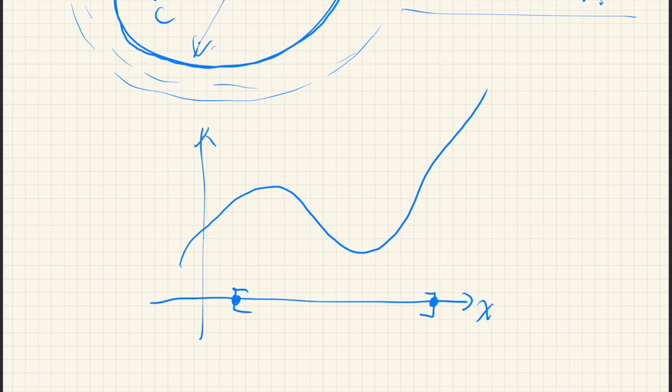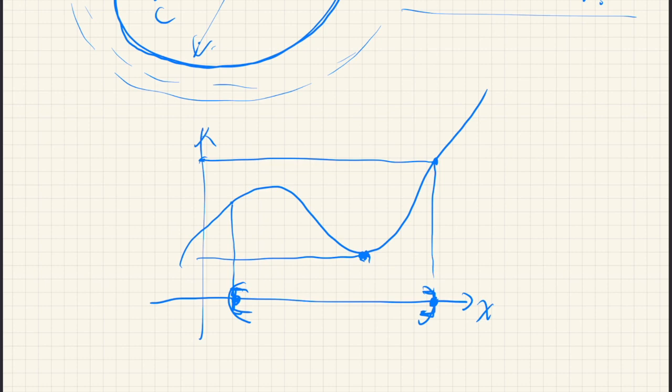If that's the case, then the function has a minimum value and a maximum value. For example, in this case, this is the minimum value and this is the maximum value. We should emphasize that the domain must be a closed set. Otherwise, what if this is not a closed interval but an open interval?